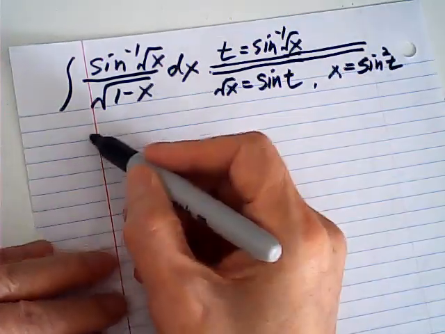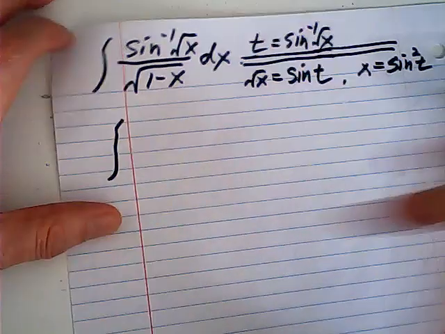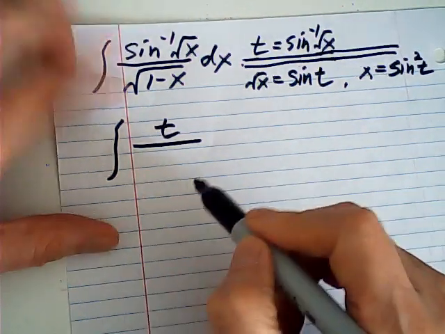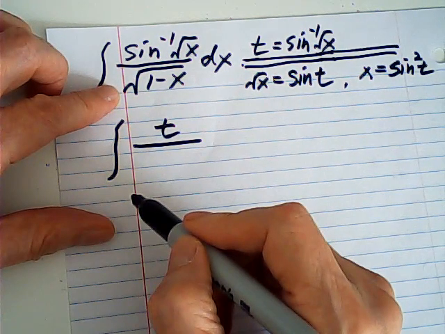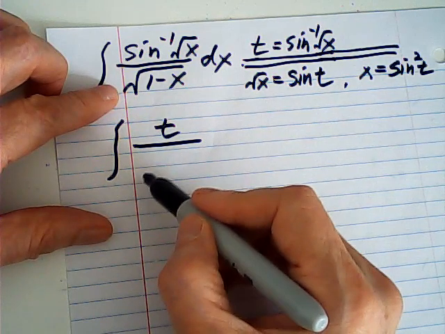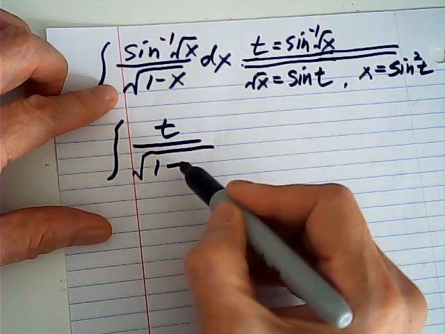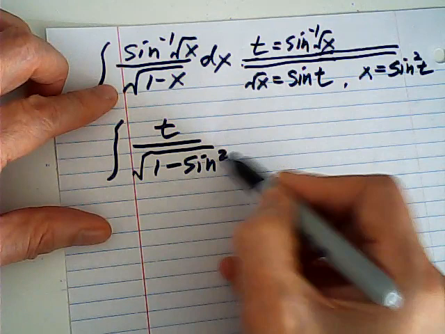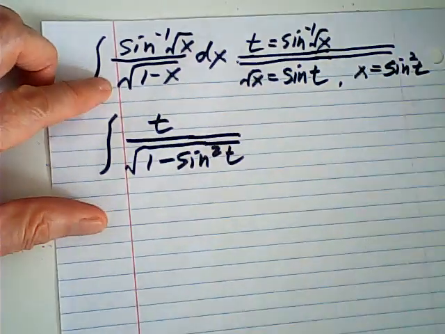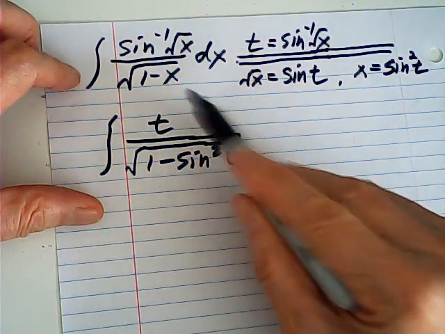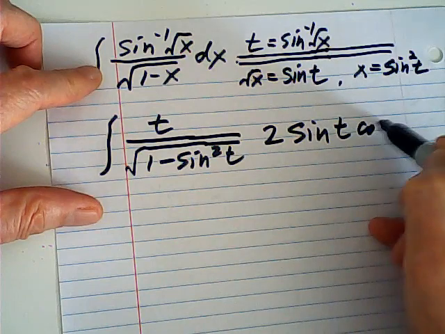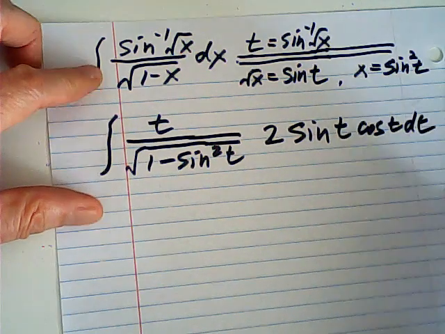So my new integral, this will be t. Yeah. This will be 1 minus sine squared t, right? Yeah. dx will be 2 sine t cosine t dt.